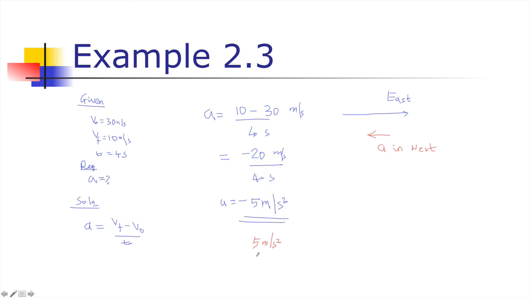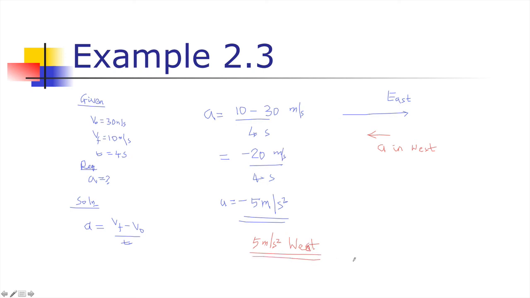But whereas now, since this acceleration is 5 meters per second squared and it was negative, it means the car was moving in the east direction, but its acceleration is in the west direction.